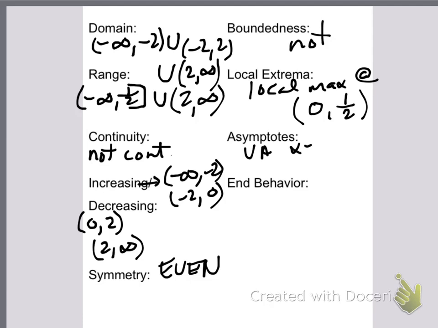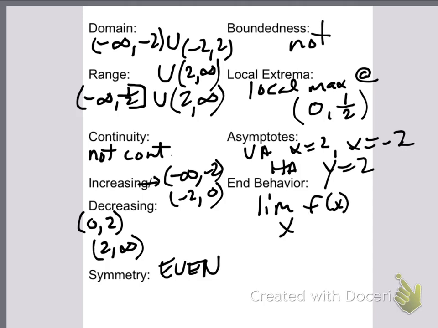Now, asymptotes we already did. Vertical asymptotes, x equals 2, x equals negative 2. Remember to write them as equations of lines. Horizontal asymptote, y equals 2. End behavior. Now, when it says end behavior, we are not doing the limits that we did from the first part. If it says end behavior, we are only going to do as x approaches infinity and negative infinity.